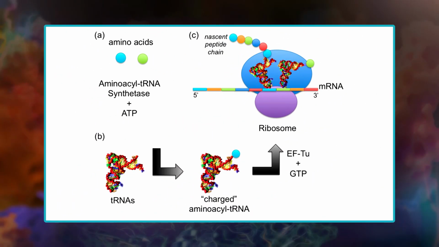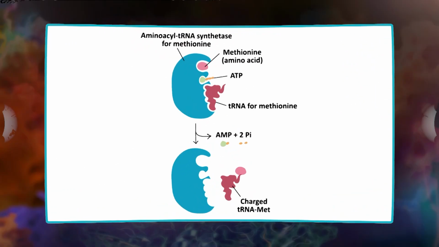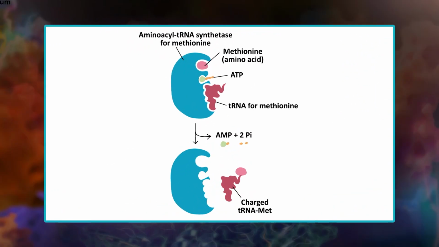Amino-acyl tRNA synthetases attach the appropriate amino acid to tRNA molecules based on their anticodon. These enzymes contain binding sites for the amino acid, tRNA, as well as ATP, and hydrolyze ATP to AMP, that is adenosine monophosphate, and attach the amino acid to the ribose sugar of the last nucleotide on tRNA.